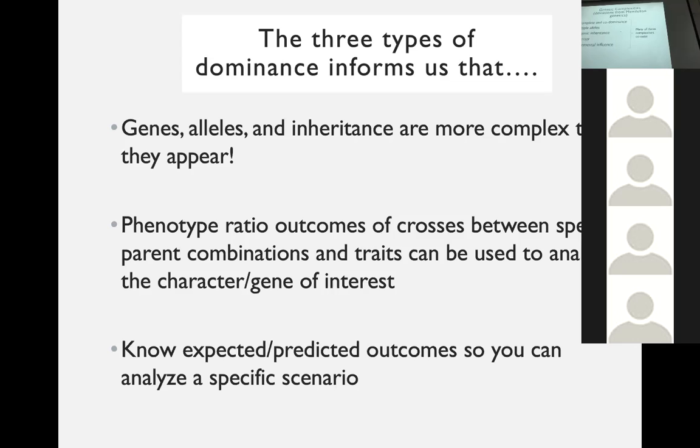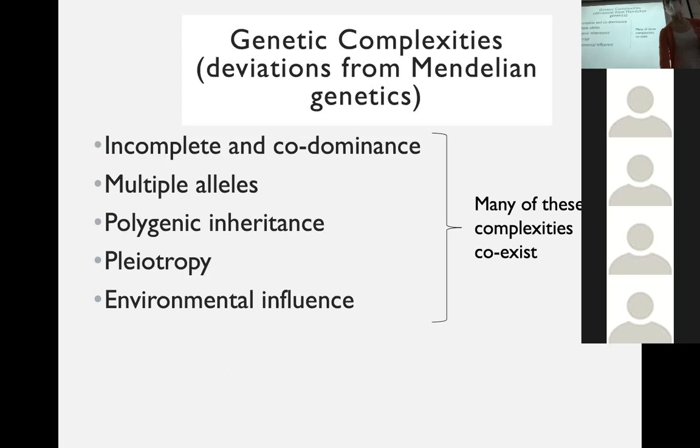All right, so a few more interesting complexities. Maybe you don't think incomplete and codominance is all that interesting. We'll move on from there. I talked about how all of these are basically deviations from Mendel. Mendel did the straightforward complete dominance situation. He laid the groundwork for all the rest of this.